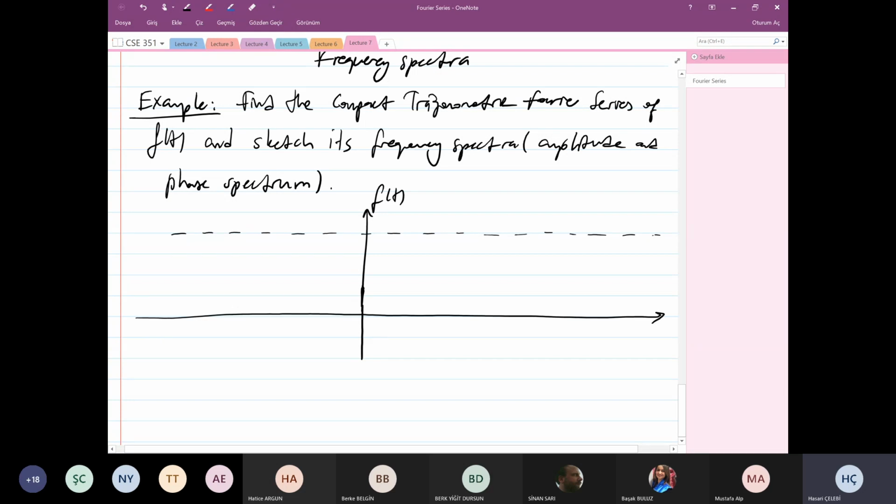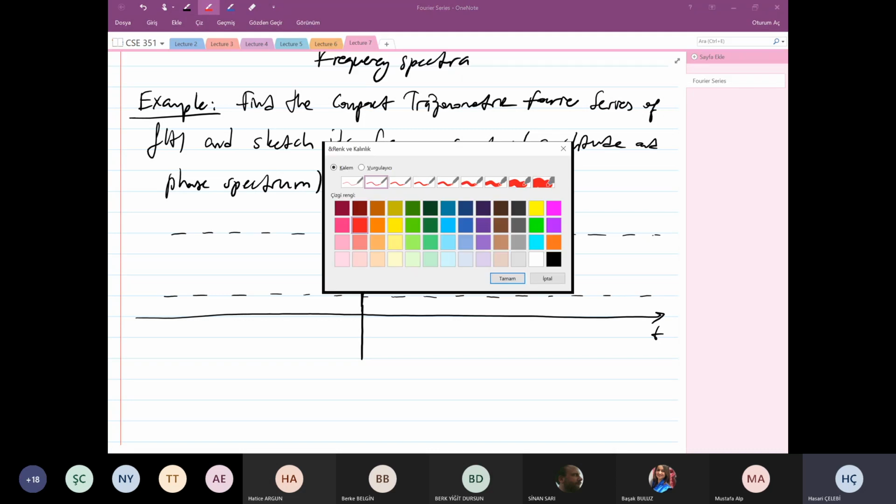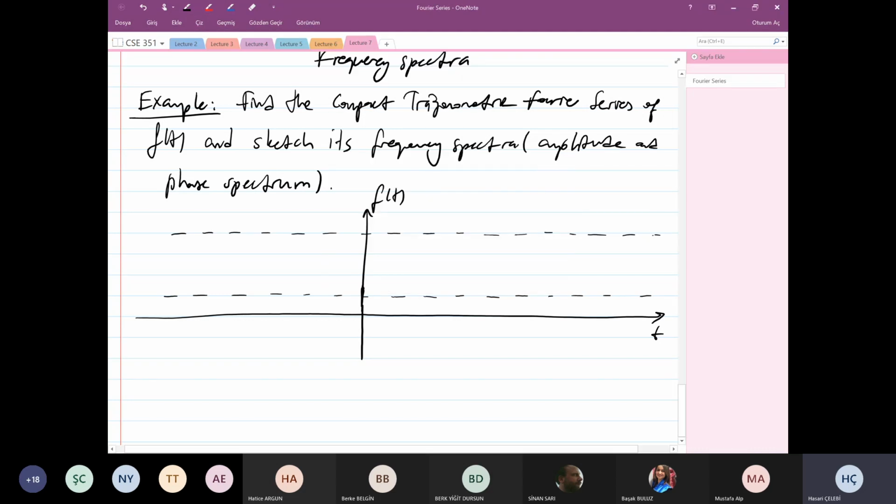This is f of t over t, and this is our signal that I'm going to draw, starting from here and so on.